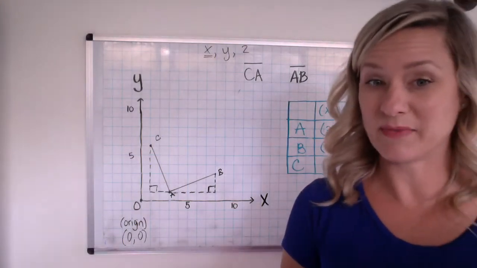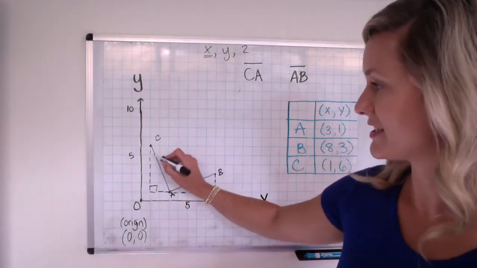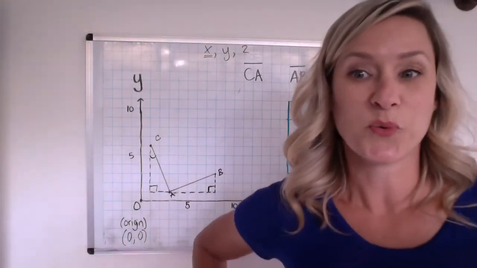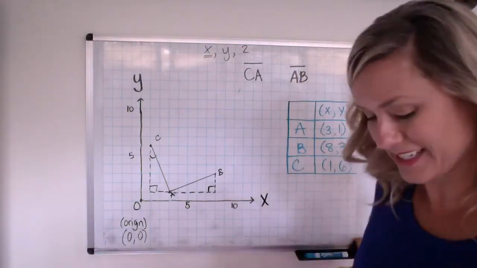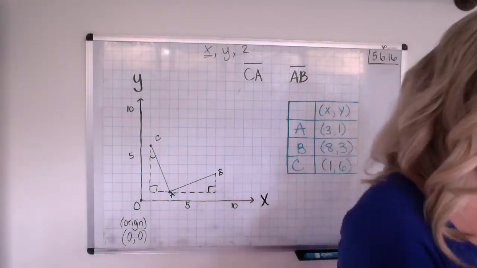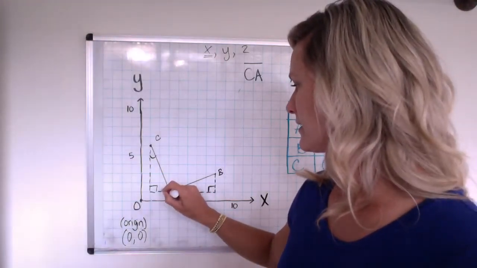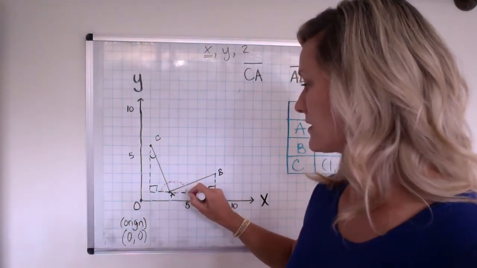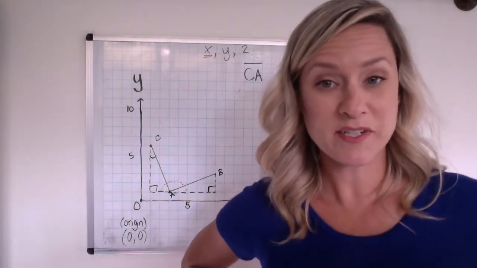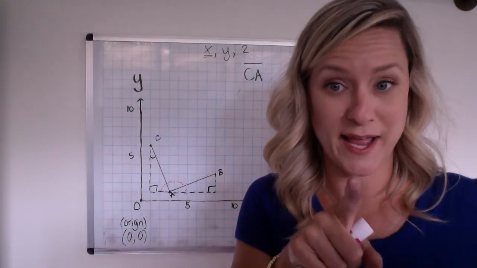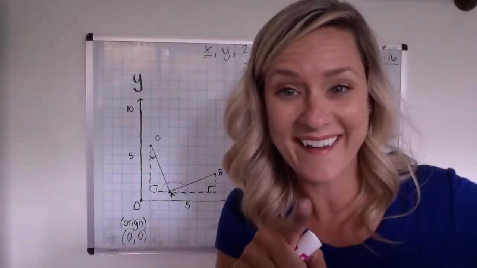So that means these two angles must add up to 90 degrees as well, which then means we can look at this. Hold on, you guys. I got so many things going on in my mind. This is a straight angle. What do you know about a straight angle? Straight angles add up to 180 degrees. Did you know that?